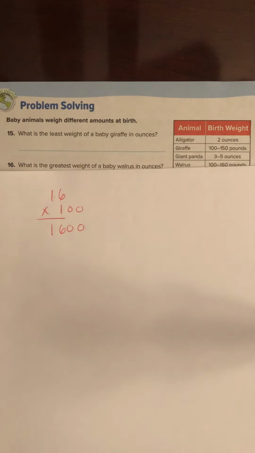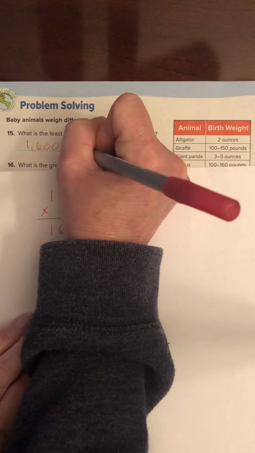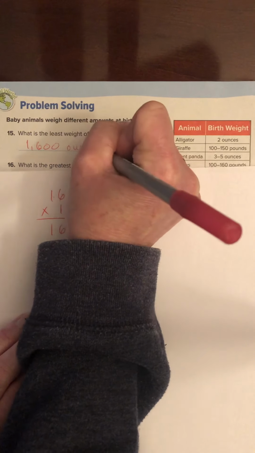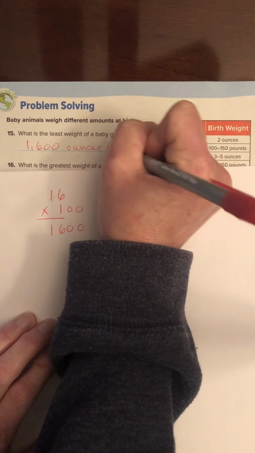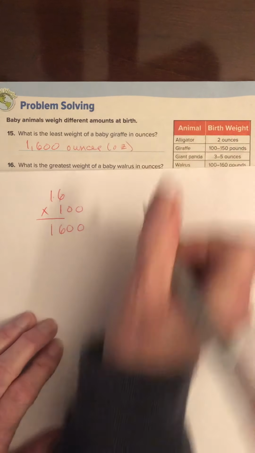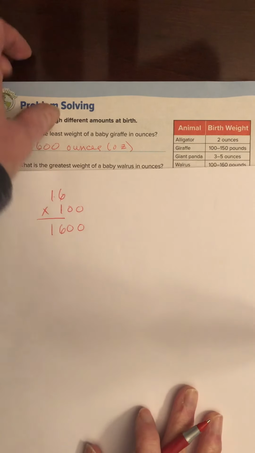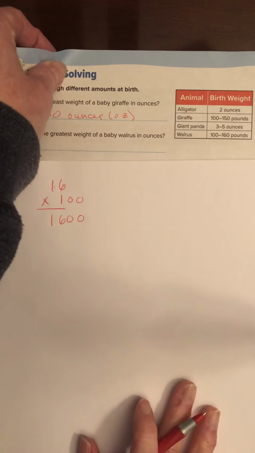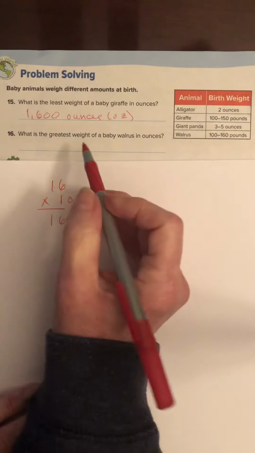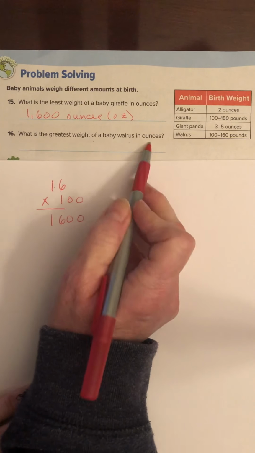So the correct answer here for number 15 is 1,600, and don't forget the units, ounces. You could write out the word, or the abbreviation is OZ. And I like to do my Z with a little line so that you could tell it's a Z and not a 2.